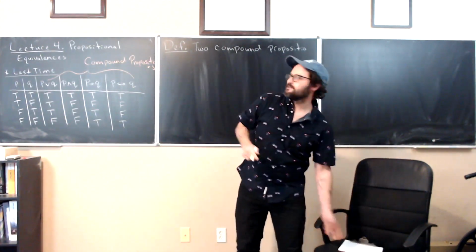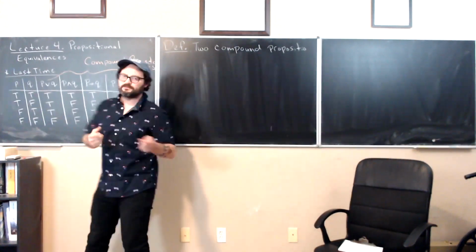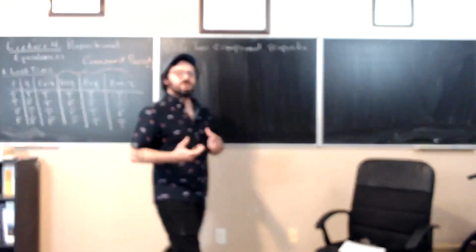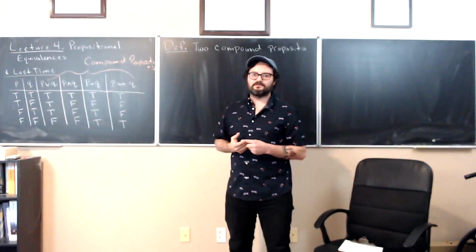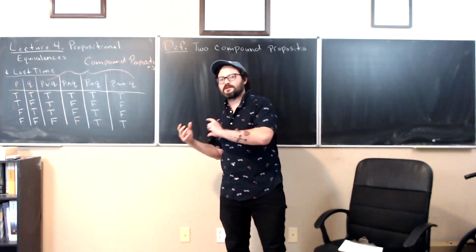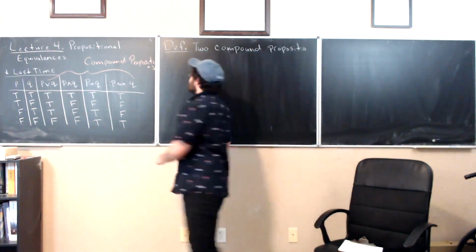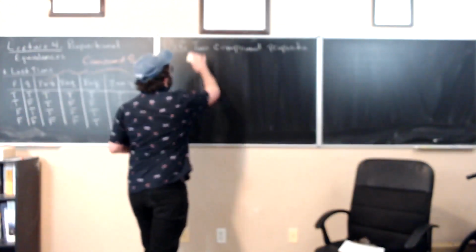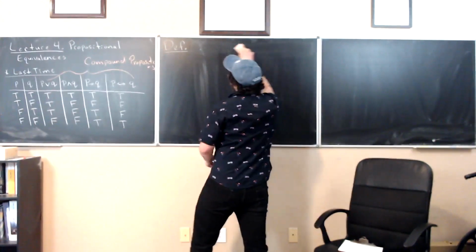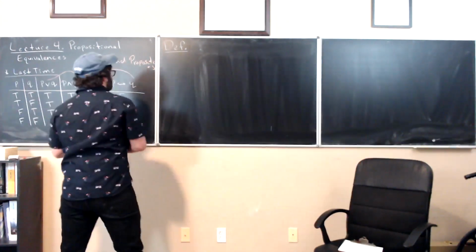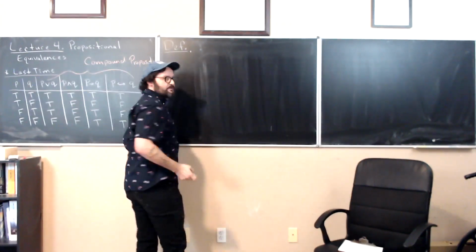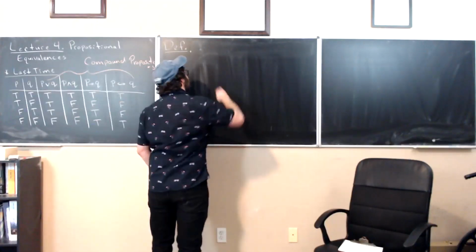Instead of talking about what it means for two compound propositions to be equivalent, we need to introduce some terminology for what it means for a compound proposition to always be true or always be false. So I almost missed that point. Not two, let's start with a single compound proposition.